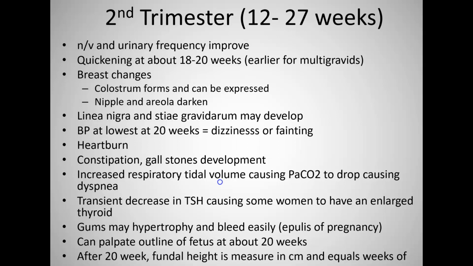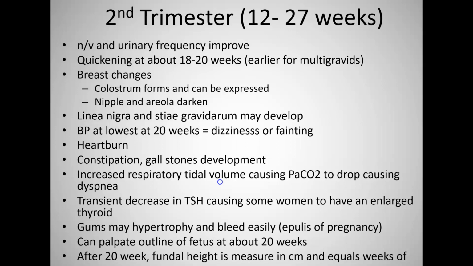Even though there's a little bit more pressure on the bladder, they tend to get more used to it, and it doesn't seem like they're going as much as they did at the very beginning. There's what they call quickening, which is at 18 to 20 weeks, when you can feel the baby fluttering.